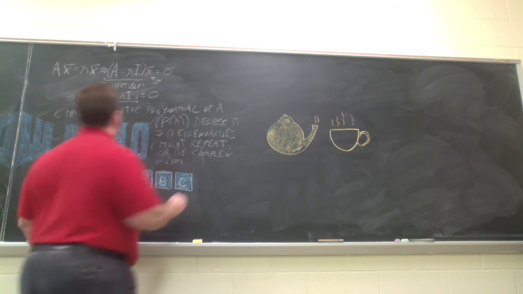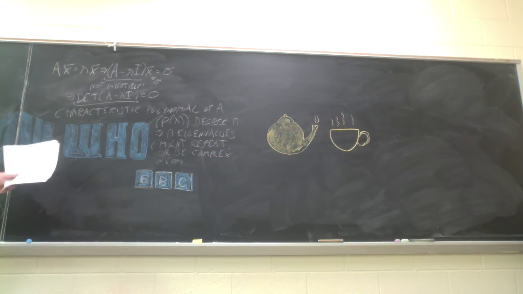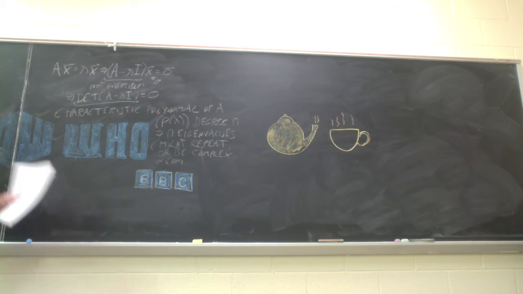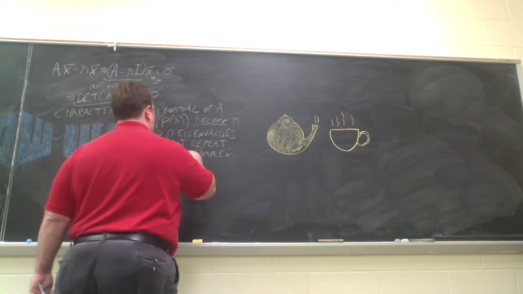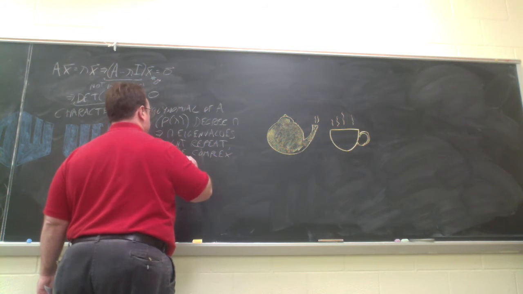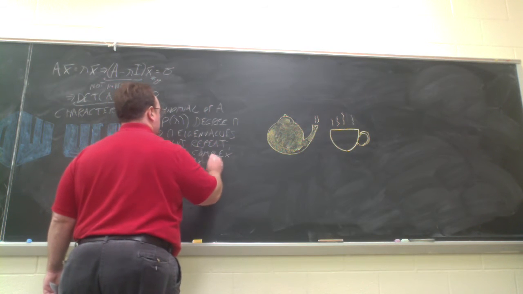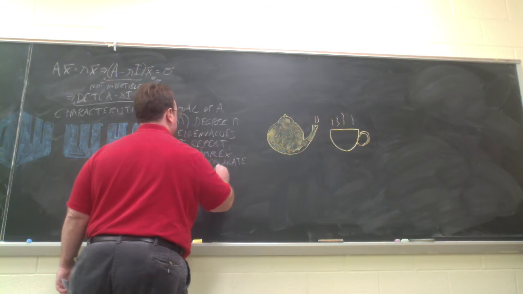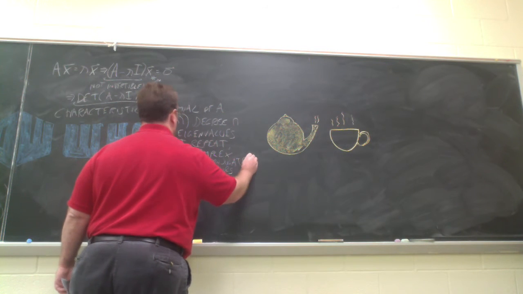Now we're going to assume that A itself is a real matrix, but you can still get complex eigenvalues. But if you have a real matrix that has complex eigenvalues, what do we know about them? How do the complex eigenvalues of a real matrix relate to one another? Yeah, they have to be complex conjugates. So they have to occur in complex conjugate pairs. So that's something that's going to help us later on when we study solutions.